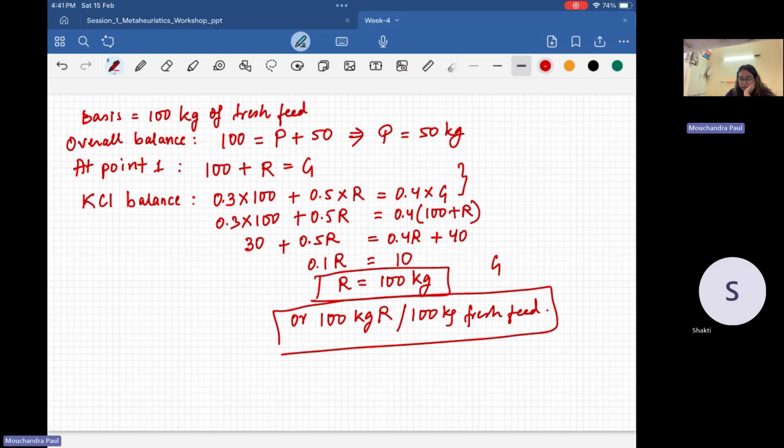Similarly, if R is 100 kg, G will be 200 kg. So we got the value of R, but we also obtained the value of P, the product stream, and the value of G, the stream entering the process. Any doubts?